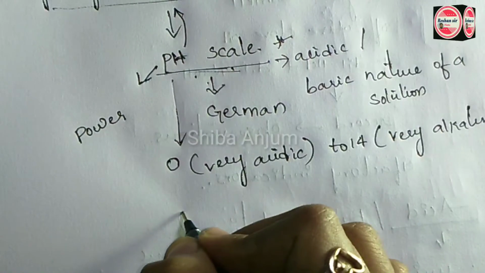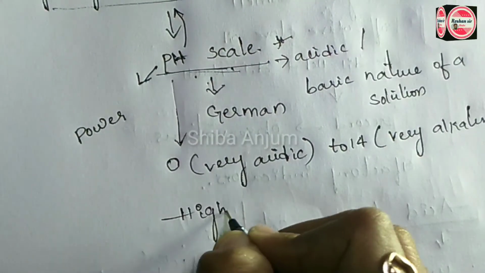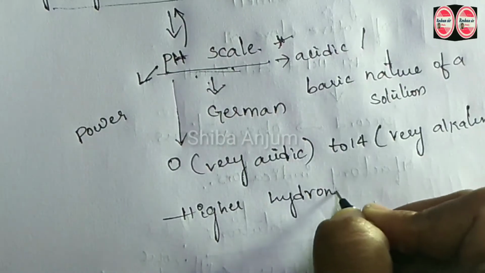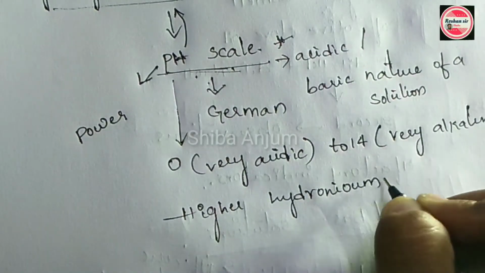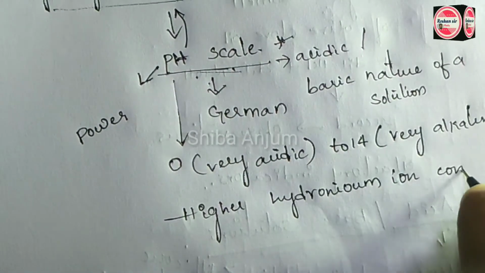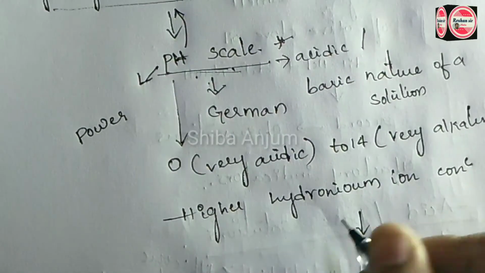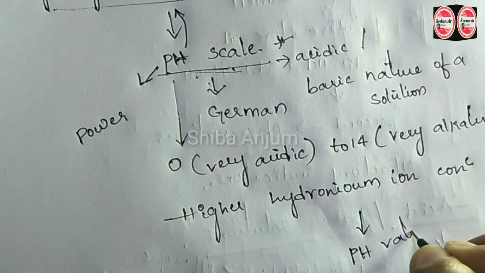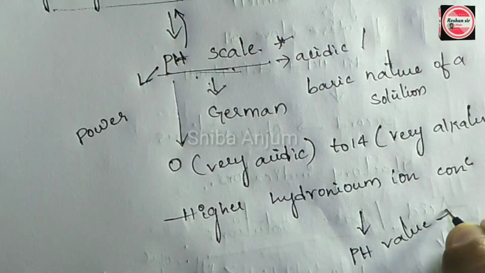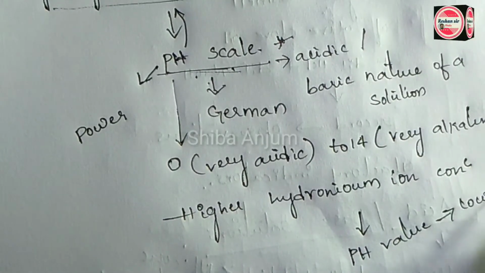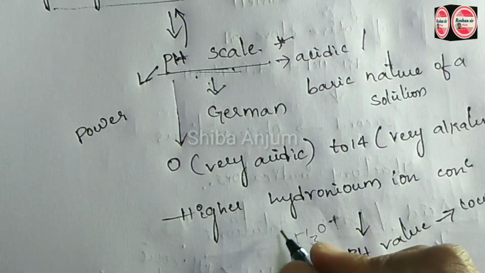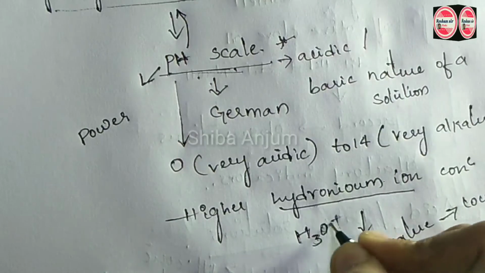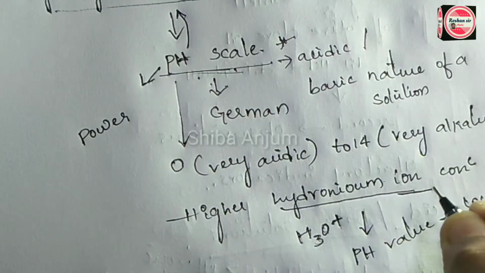If the hydronium ion concentration is higher, then the pH value would be lower, and hydronium ion means H3O plus ions.